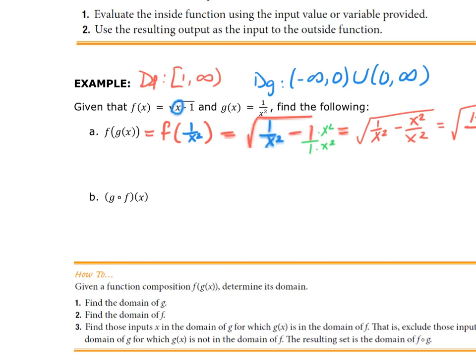So, when I compose the other way, I'm going to rewrite this as g, because that's my outer function, of f of x, which is equal to g of the square root of x minus 1.